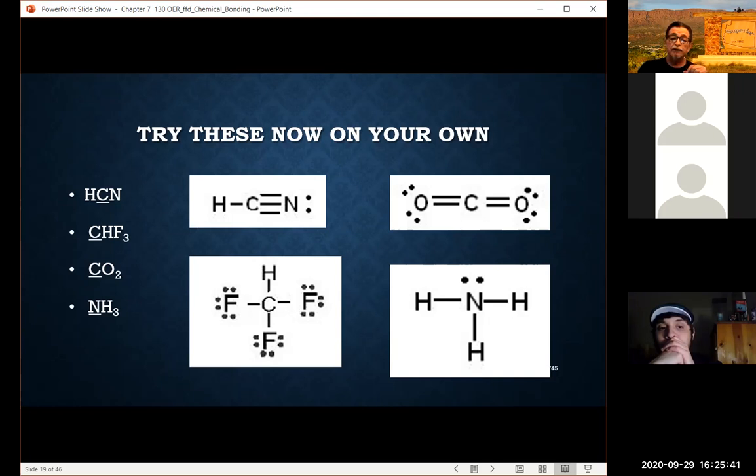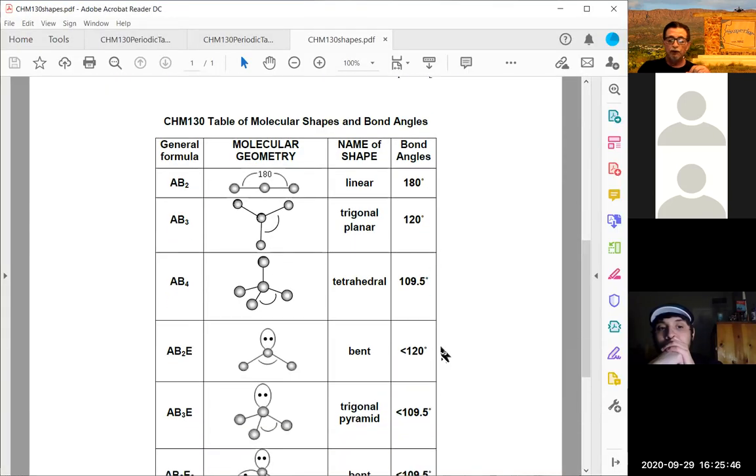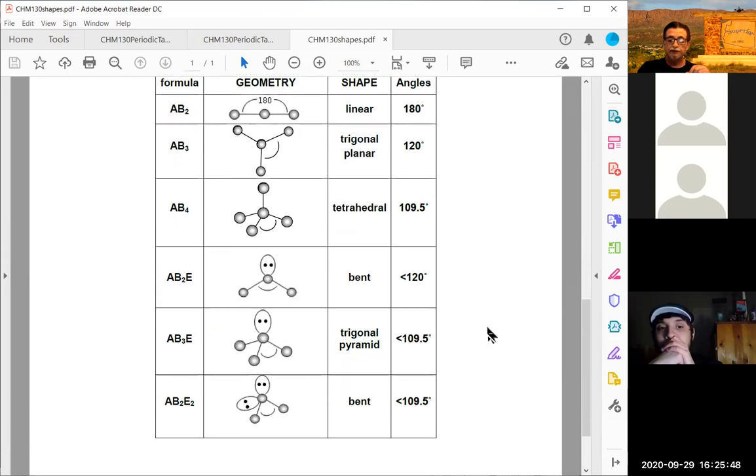Using that information, going back to the shapes, we look for AB3E, which is this entry right here, second from the bottom of the column of the table, which has its name trigonal pyramid and its bond angle, and that is the bond angle of, in this case, the hydrogens, being less than 109.5. All right, so that's how we're using the shapes table with the Lewis dot structures to come up with this information concerning the molecule.